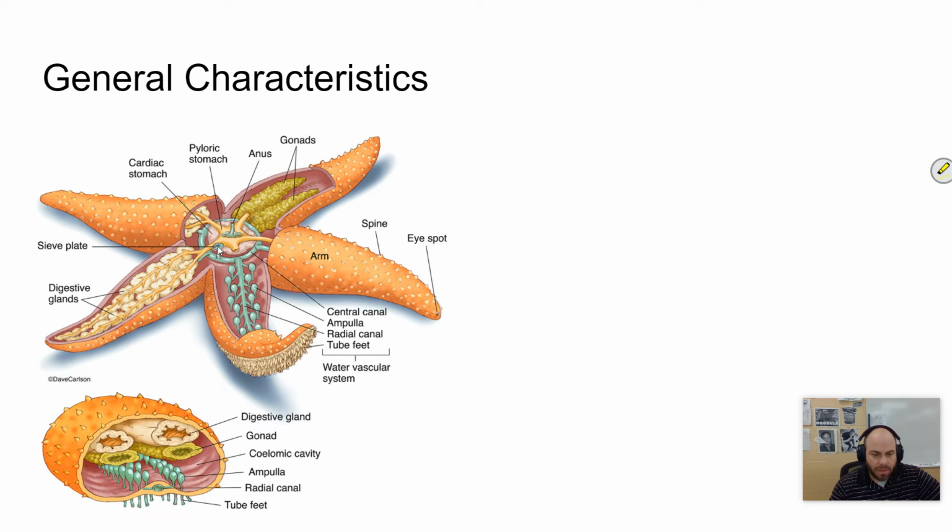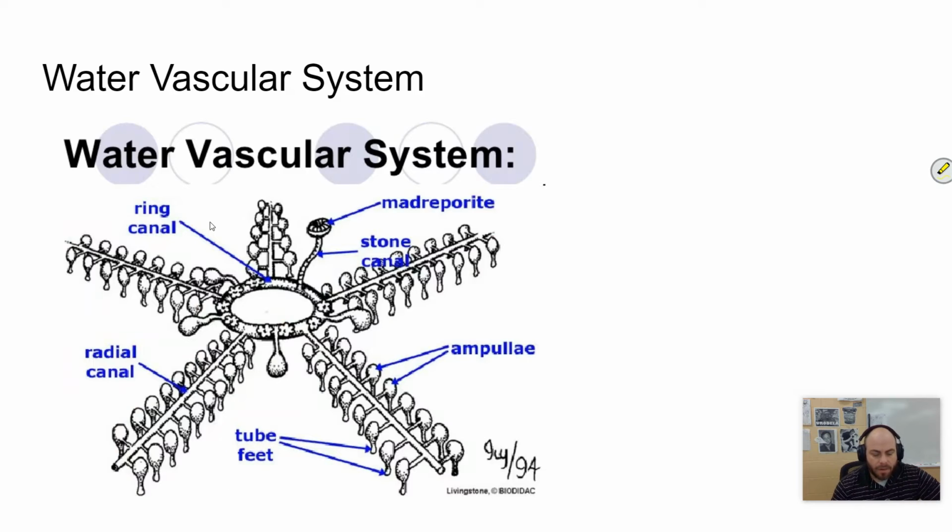If you look at it, you think it's really simple, but there's a lot of complexity going on here, even though there is quite a bit of simplicity as well. There's something called the water vascular system, and the water vascular system serves as its circulatory system. But it also is a way to use these things called tube feet, which we'll get to in a second, and the tube feet are used for several different things. But it basically is like a little hydraulic system for the internal structure of this organism.